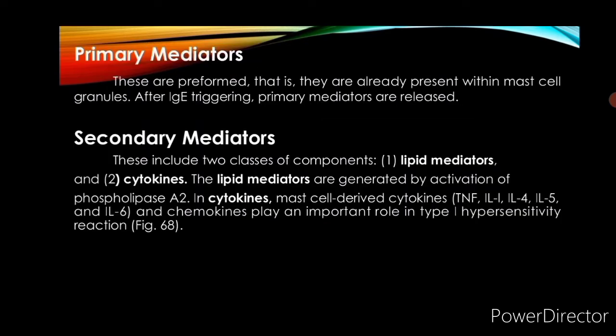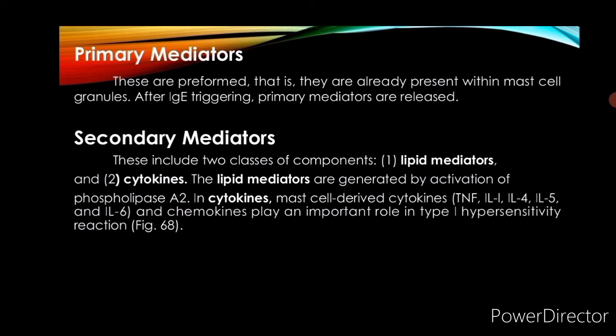Primary mediators. These are preformed, that is, they are already present within mast cell granules. After IgE triggering, primary mediators are released. Increased vascular permeability, vasodilation, bronchoconstriction, and mucus secretion are all caused by histamine, which is the most important of these mediators.